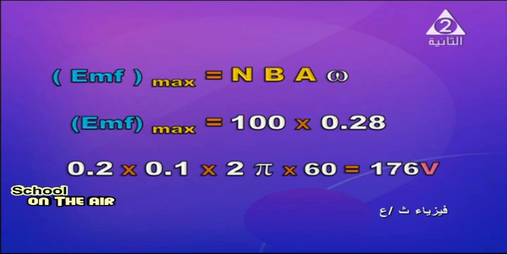It was 10 centimeters and 20 centimeters, so they have to be converted into meters. Multiplied by 2πf, where the frequency is 60. How did you know that the frequency equals 60? 3,600 divided by 60. So the maximum EMF, and bear this in mind, equals 176 volts.